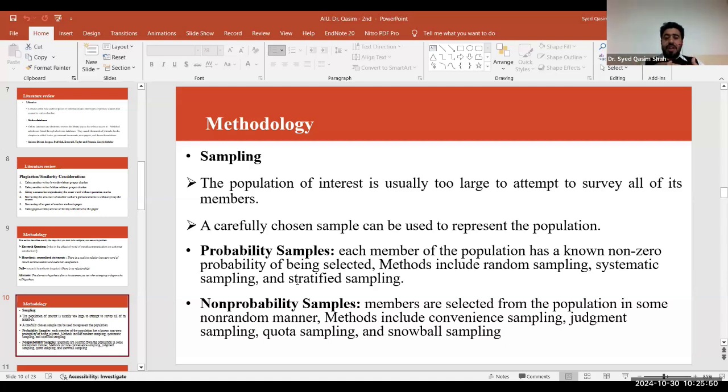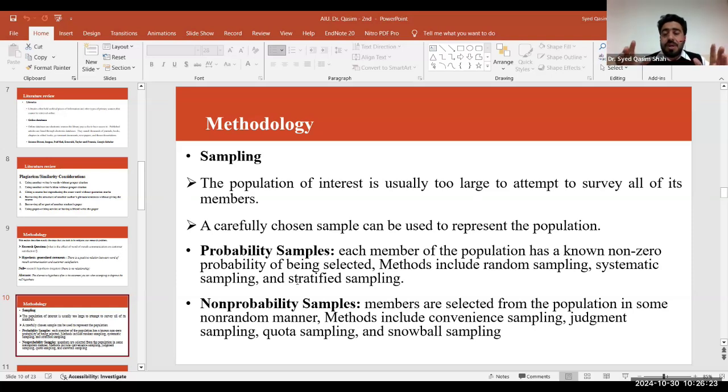So what is the best way? I am going for a sample. What is a sample? From that population, I'm choosing a very specific group, a carefully chosen sample that is representative of the population. So my population is all the online students who are using online systems for education, and from that I choose a group that is accessible to me, and at the same time representative of the population, right?